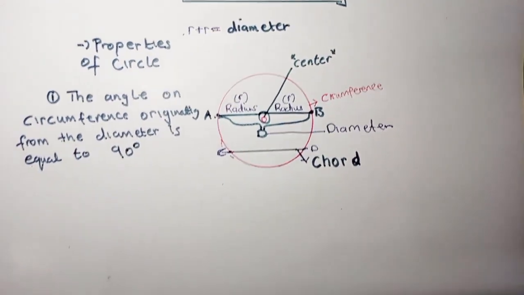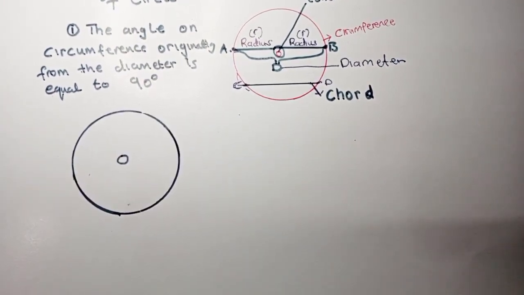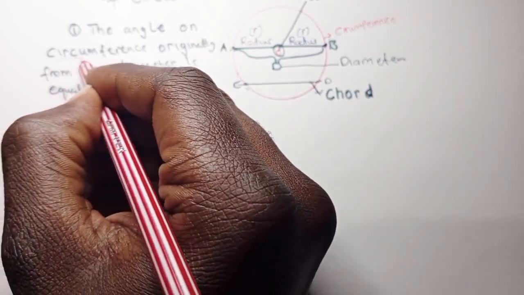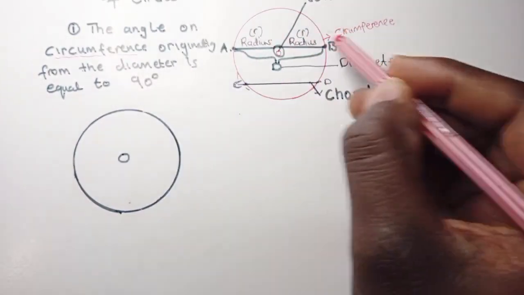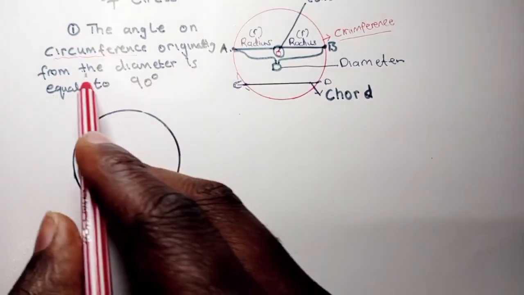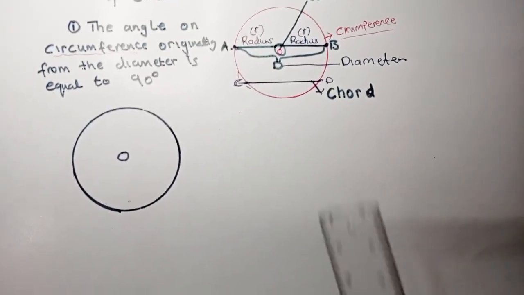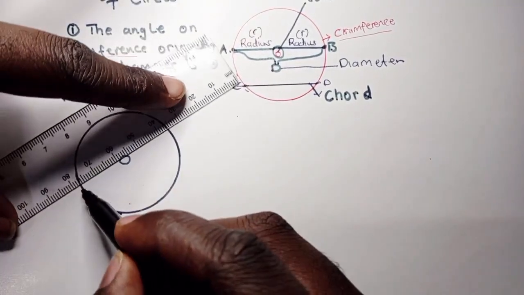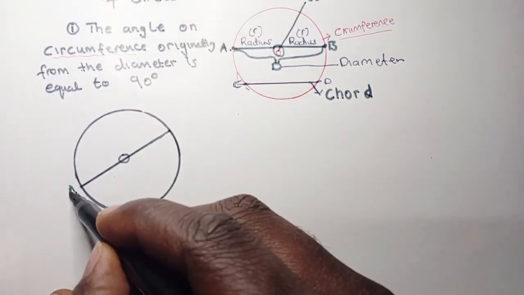The angle on the circumference must be along this red line, what I labeled as the circumference, originating from the diameter. So let's have a diameter, and I'll draw it not straight like before, maybe like this, so long as it's passing through the center. So this is the diameter AB.